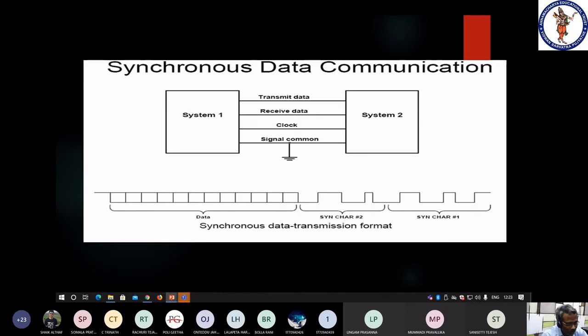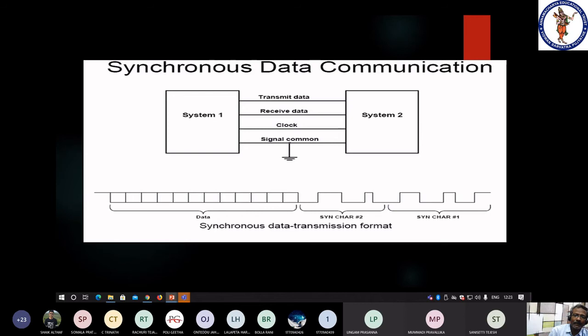So the point is, how does the receiver understand where the data has started? For every data, the transmitter appends a sync character.